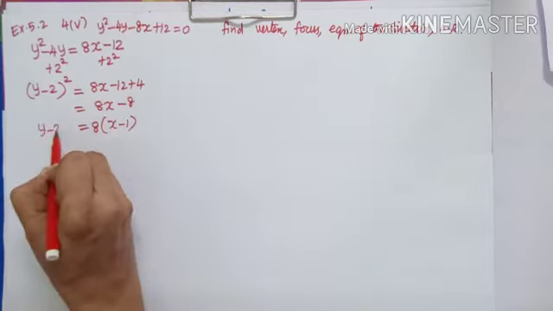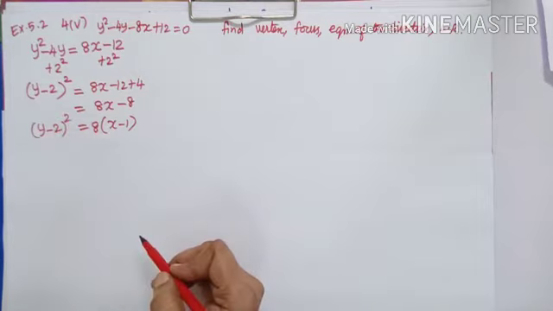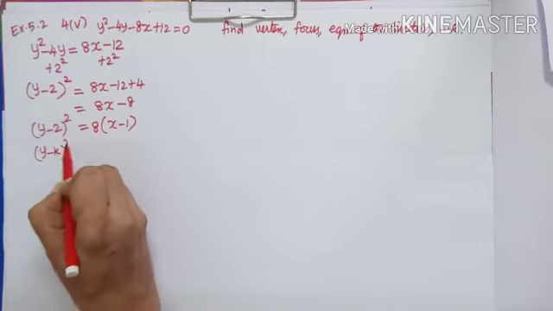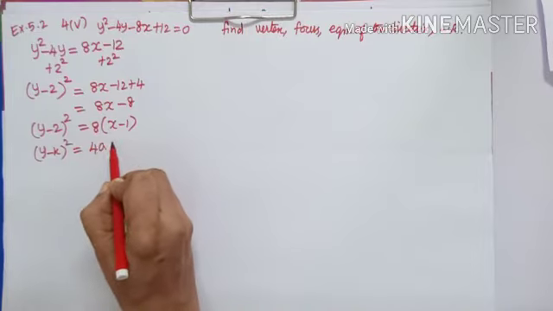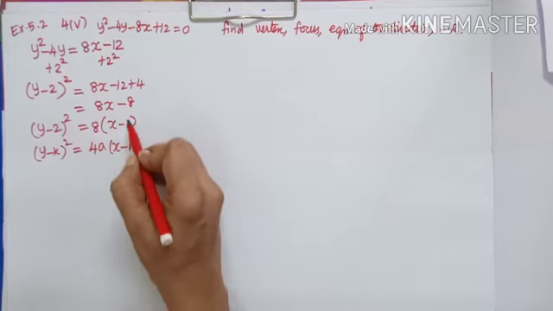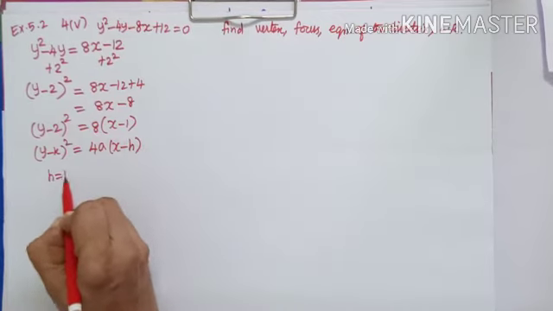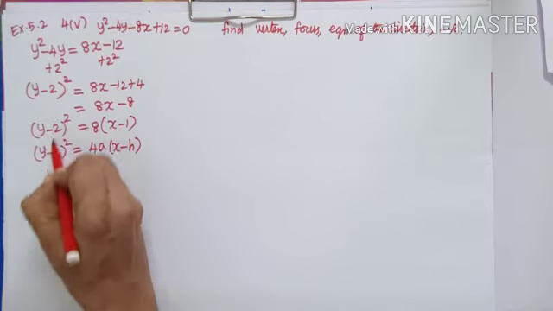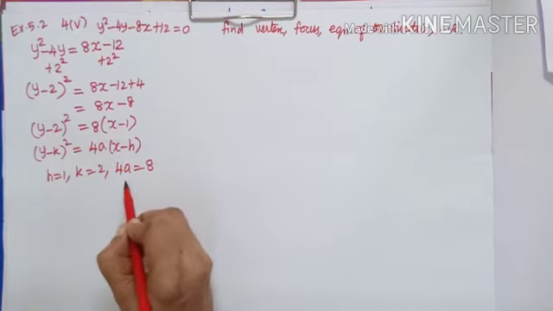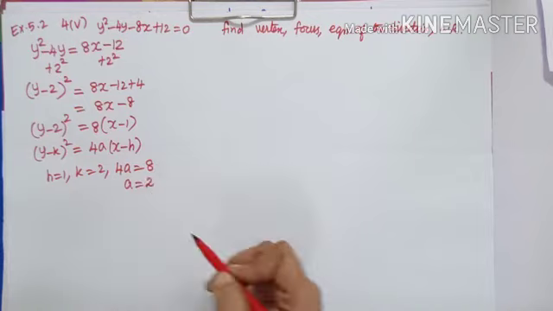The LHS is y minus 2 the whole square. Compare with y minus k the whole square equals 4a into x minus h. h is equal to 1. k equals 2. And 4a equals 8, or a equals 2.